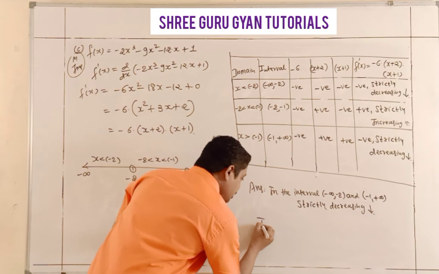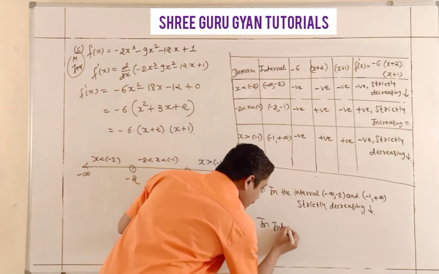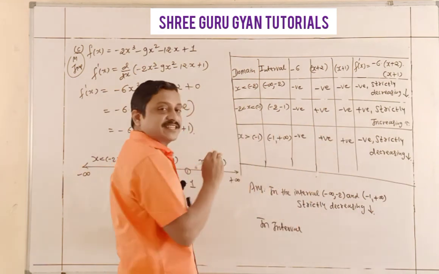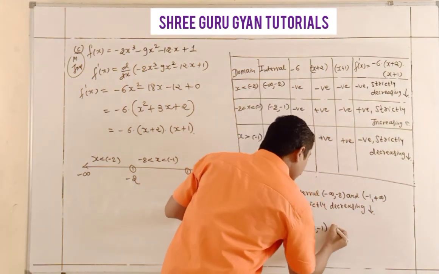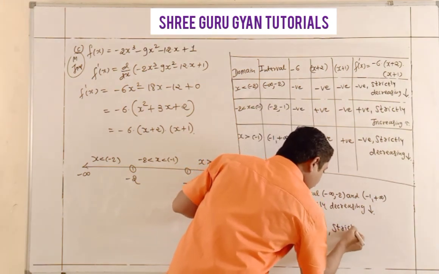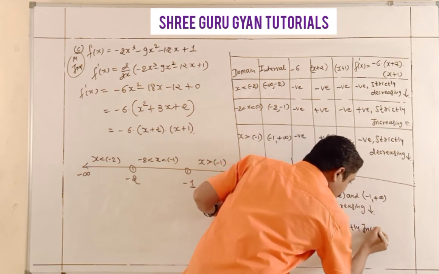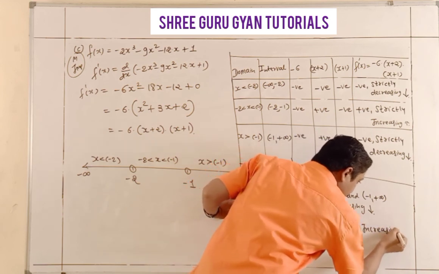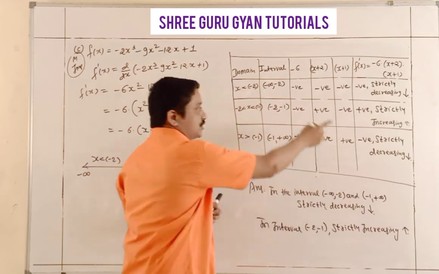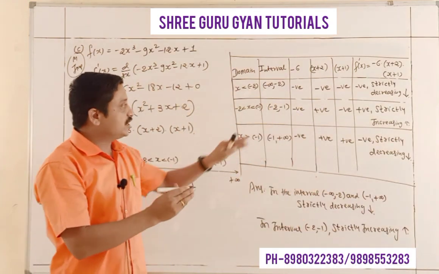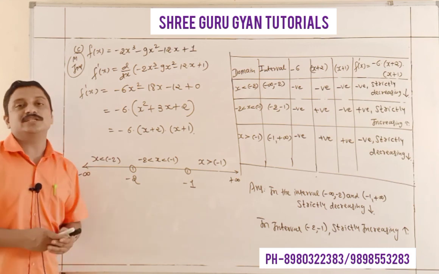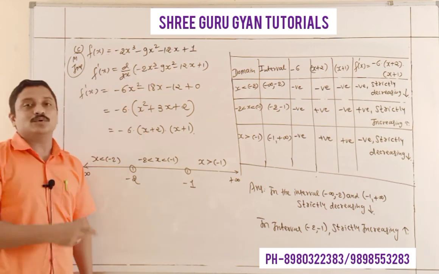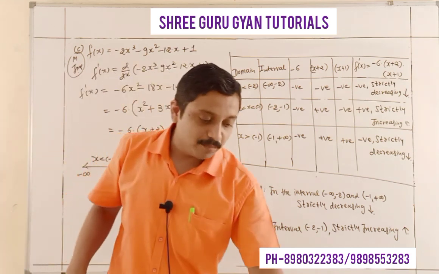And next, in the interval -2 to -1, it is strictly increasing, students. Next, this is increasing and these two are decreasing, depending on this drawing. Here, students, done. And this third question is also completed.